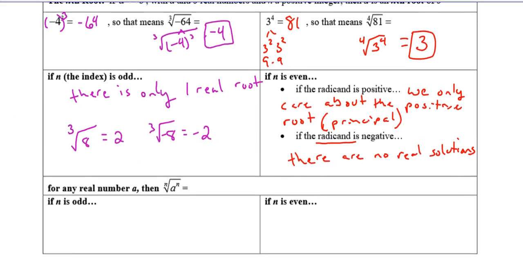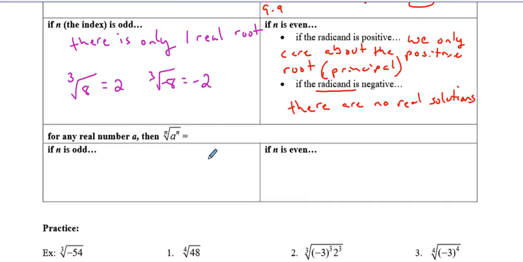Now there's a little bit of kind of a special rule here. So the special rule applies when the index and this power are exactly the same. So if we're taking the nth root of a to the nth power, then we're going to have a special rule, right?